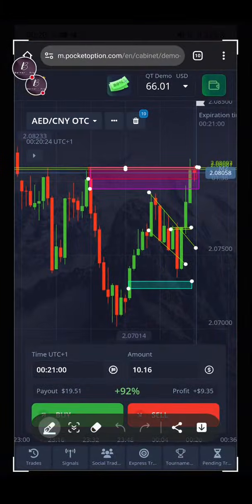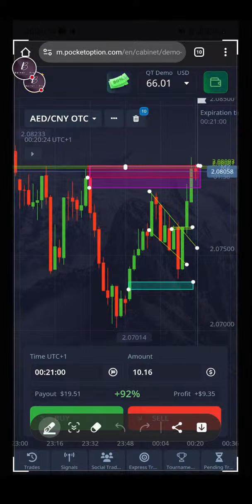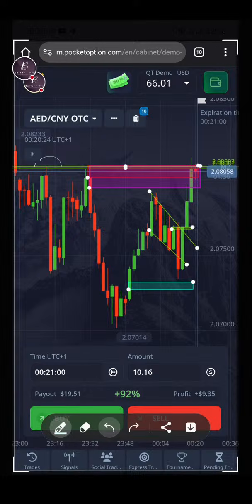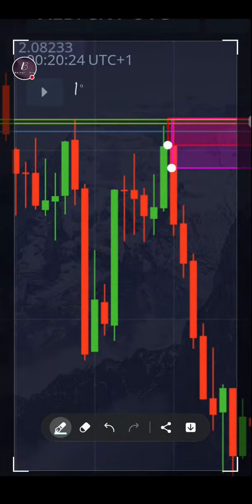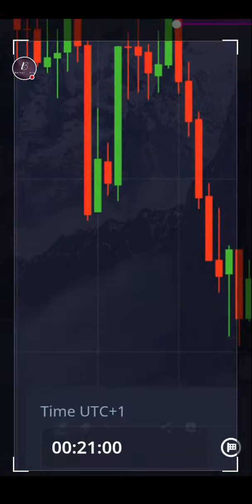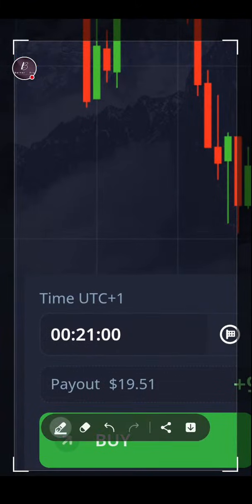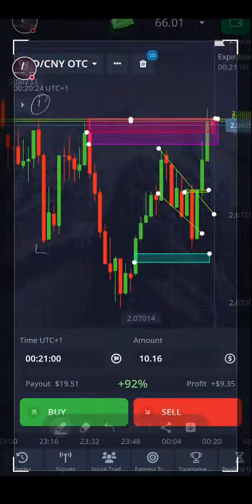This strategy is called third breakouts. It happens when you have a level like this, and we saw this one and this one the other time. So we marked the two levels. This will be our first touch. Then this will be our low. Then this will be our second touch.